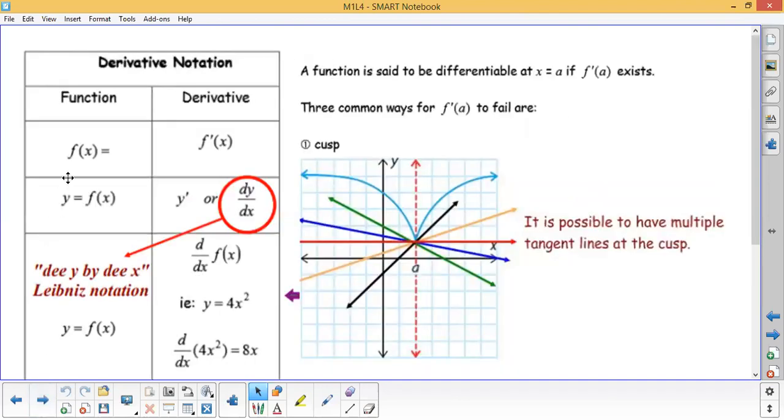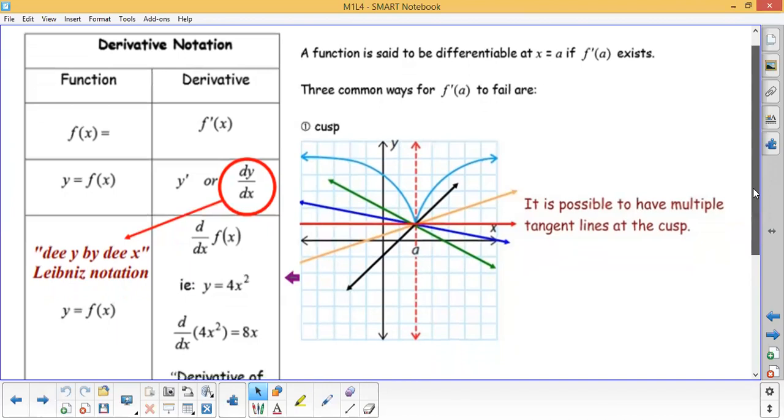So if the original function is written as f of x, then we say the derivative is always f prime of x. If the function is written as y is equal to a particular function, then we call the derivative dy over dx. dy by dx, that's called Leibniz notation, and you can research a little bit more of Leibniz and his contributions to calculus.